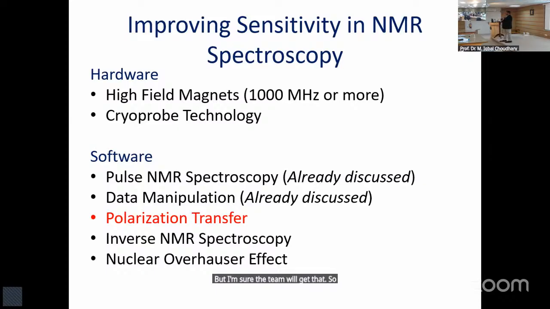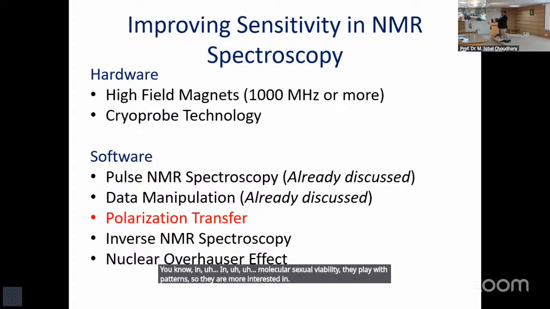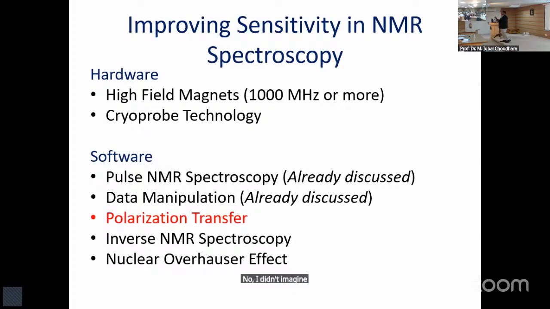So this is a temporary polarization transfer or population transfer from more sensitive nuclei to less sensitive. Very often from proton to carbon-13, proton to nitrogen. In molecular structural biology, they play with nitrogen, so they are more interested in nitrogen, and nitrogen is also an insensitive nucleus. The gyromagnetic ratio of nitrogen is also very low, and the natural abundance of nitrogen is even less than carbon.